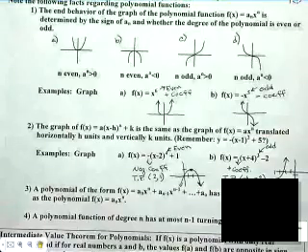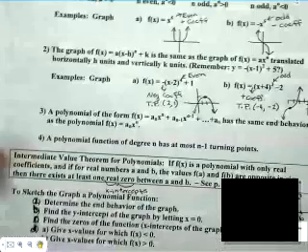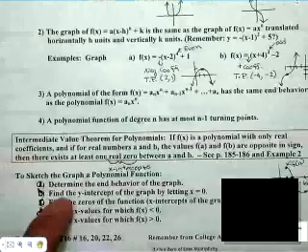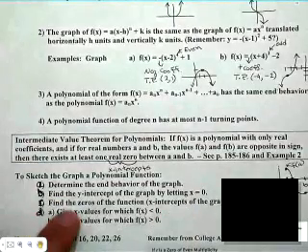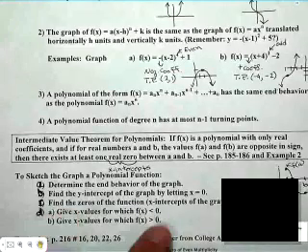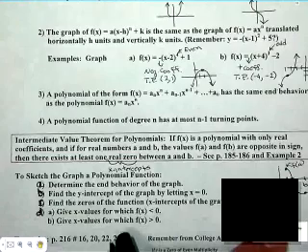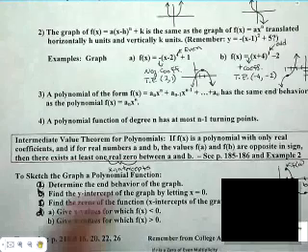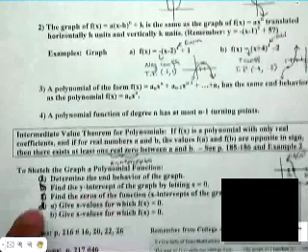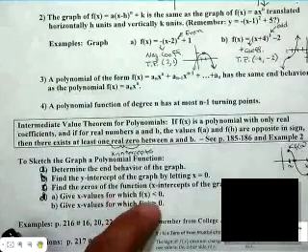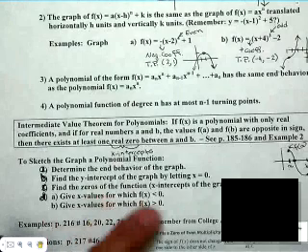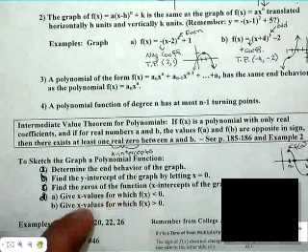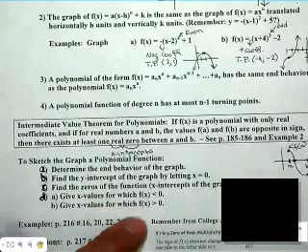Second thing I want you to do is find the y-intercept by letting x be 0. And then find the zeros of the function, the real zeros of the function, which are the x-intercepts of the graph, by letting the whole thing equal 0. And then part D, give the x values for which f of x is less than 0. When you look at that, just think, give the x values for which the y's are less than 0, and then give the x values for which the y's are greater than 0.